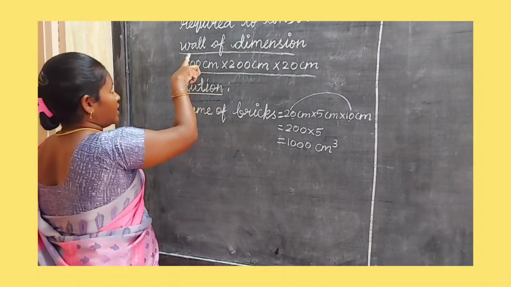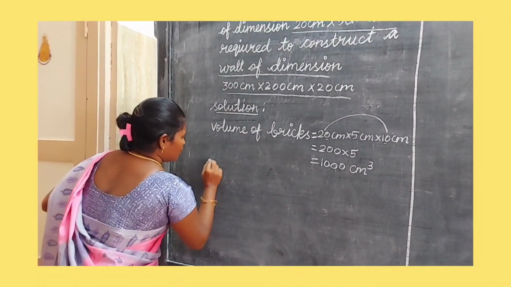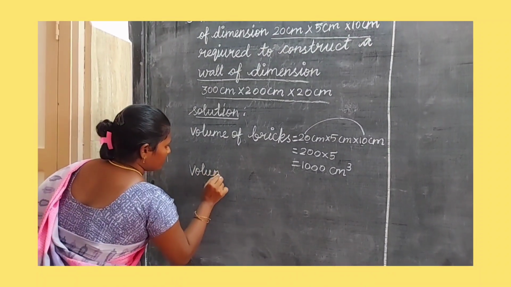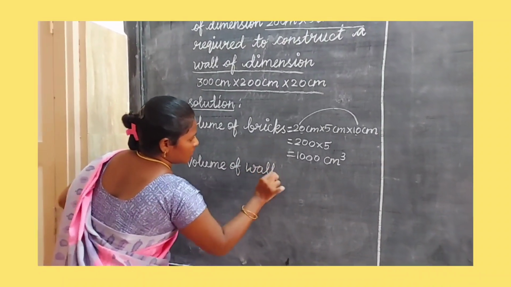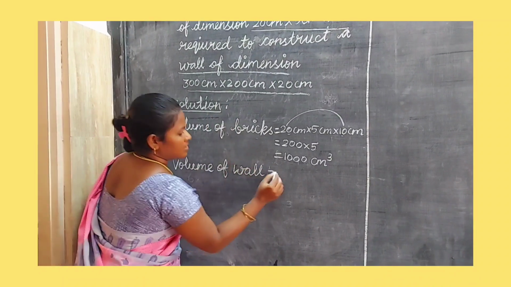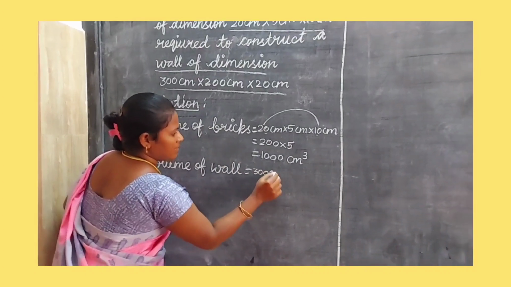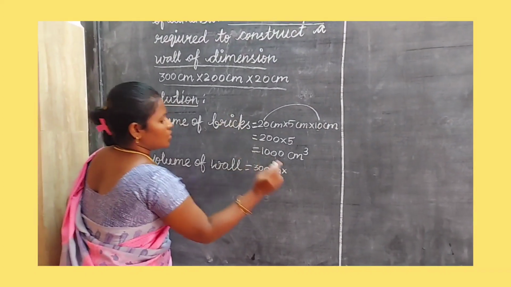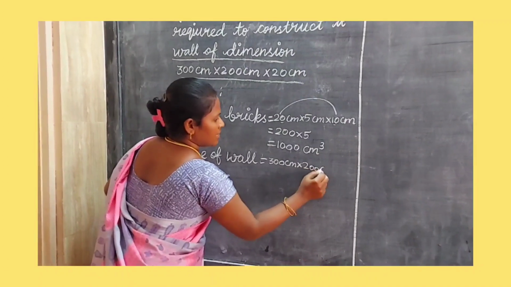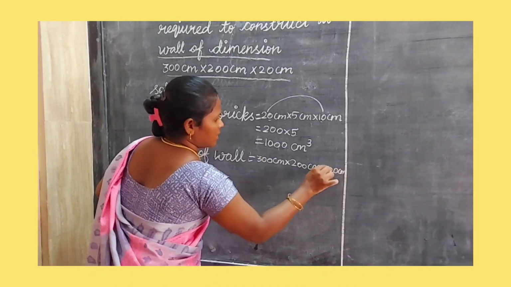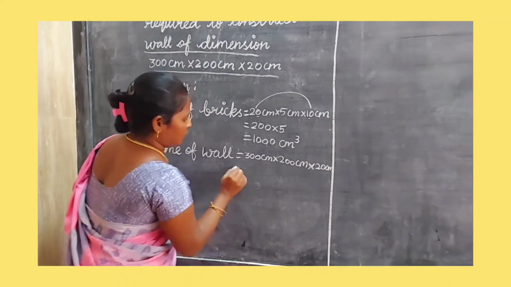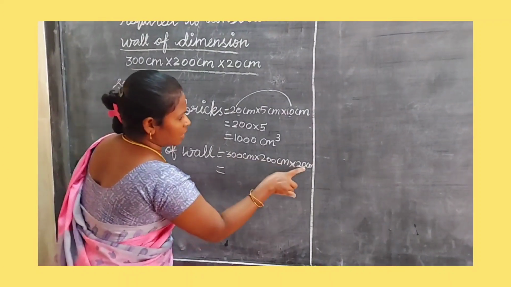Now we have to find the volume of wall value. So volume of wall is equal to, the values are 300 centimeter into 200 centimeter into 20 centimeter. Children, now multiply the values 300, 200, 20.